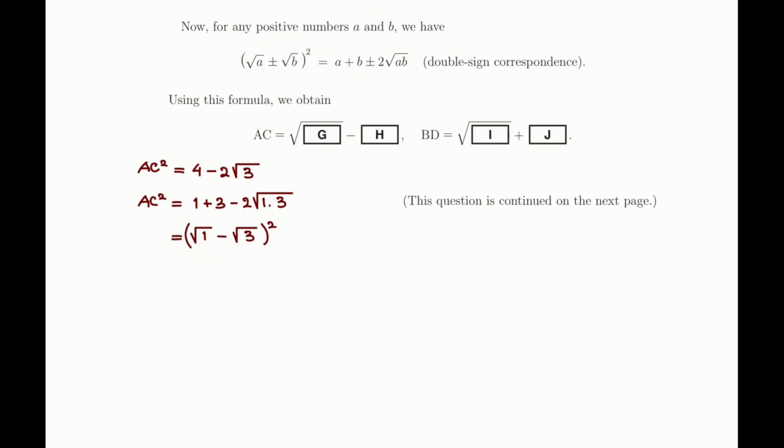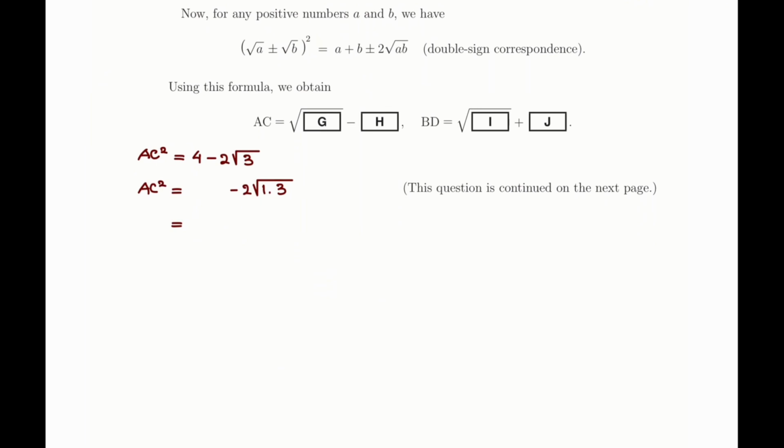So to be safe, instead of 1 plus 3, I will manipulate it into 3 plus 1 minus 2 times 3 plus 1. Just to be safe. And then I can write down square root of 3 minus square root of 1, squared, is equal to AC squared.